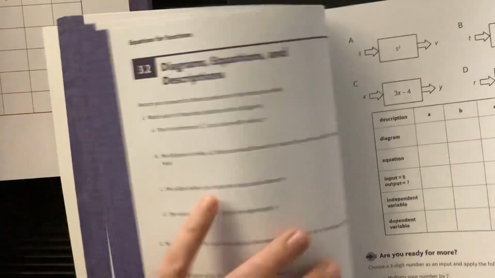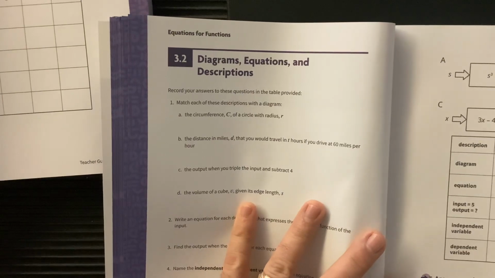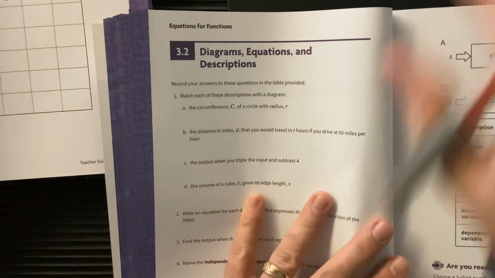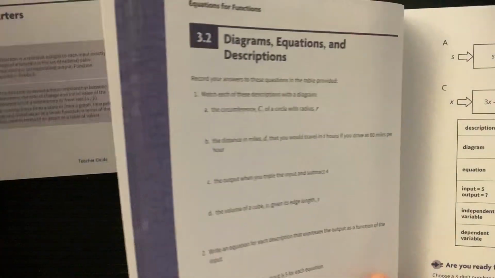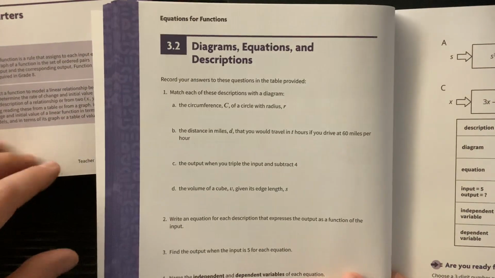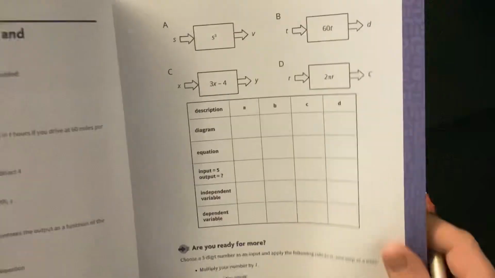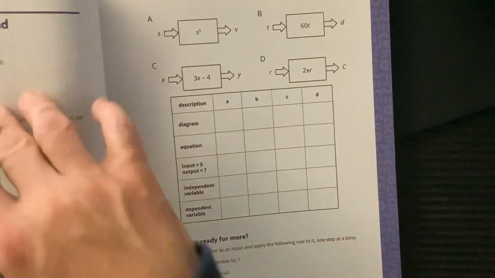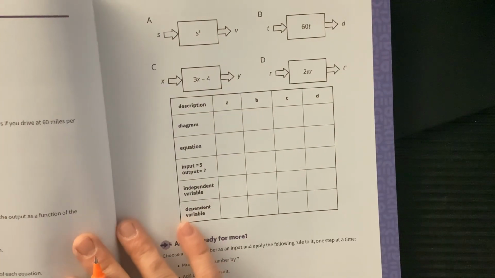Next page says we're going to match each of these descriptions with a diagram. So we see a lot of diagrams there on the right. We see some descriptions. We're just going to match it all. I'll show you this. You can kind of just look at the diagrams there on the left.